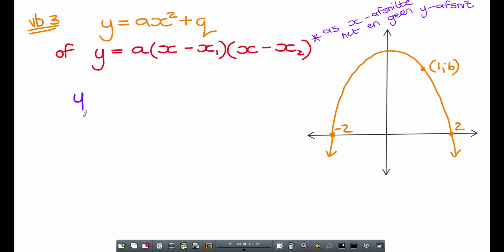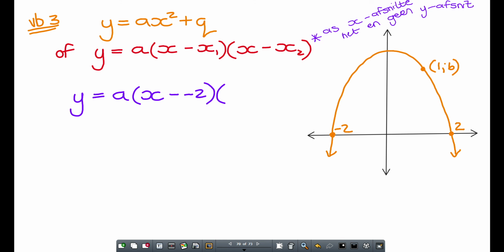So you're going to say y is equal to a, en ek weet nog nie wat a is nie, so ek hou hom so. So I'm going to substitute in my x-intercepts. So x minus, en nou, hier is x minus 2. Nee, so important, we keep that minus 2.